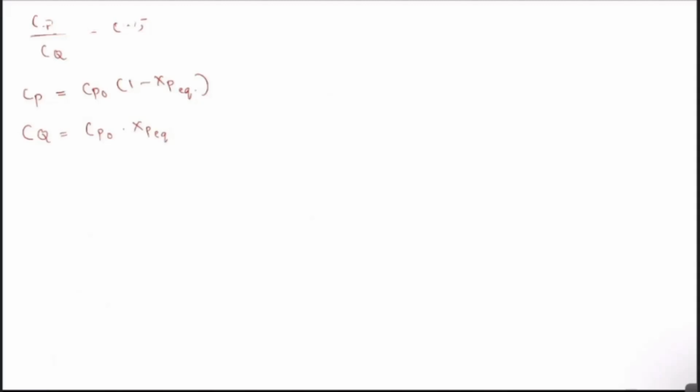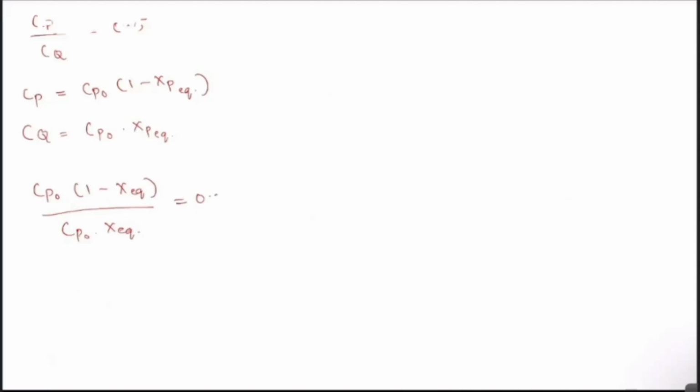So basically what this means is Cp, the final concentration of P, is nothing but whatever fraction is remaining after the equilibrium conversion, and Cq is the fraction that got converted from P to Q at equilibrium. That is how we get these two equations for Cp and Cq in terms of their initial concentration Cp0.